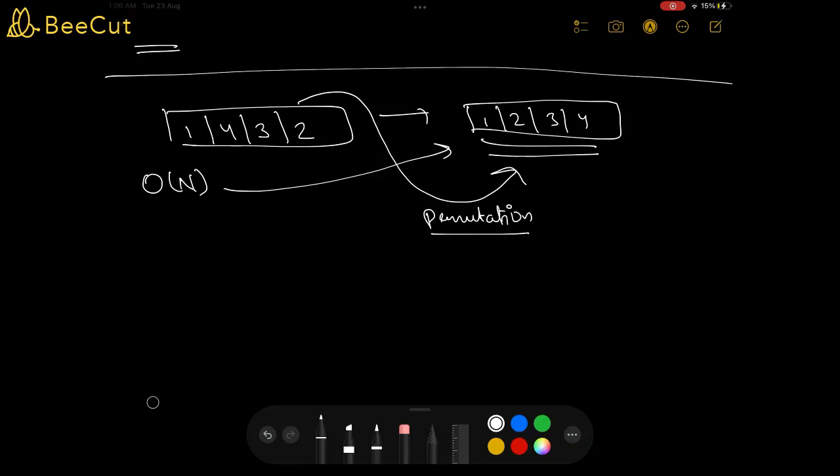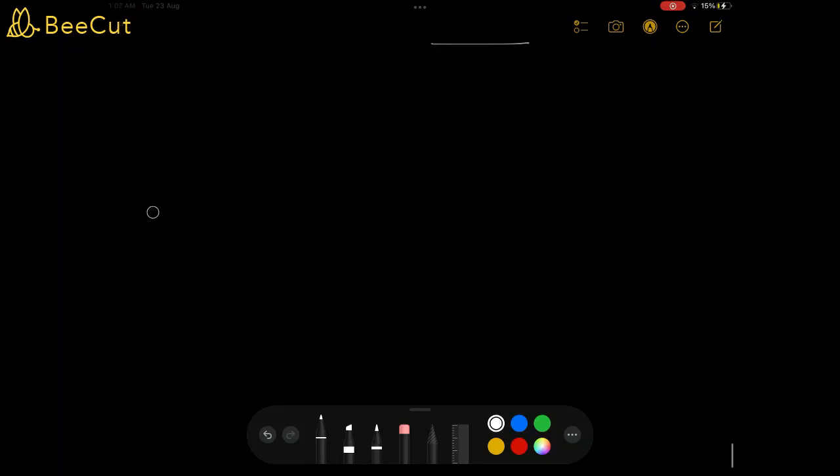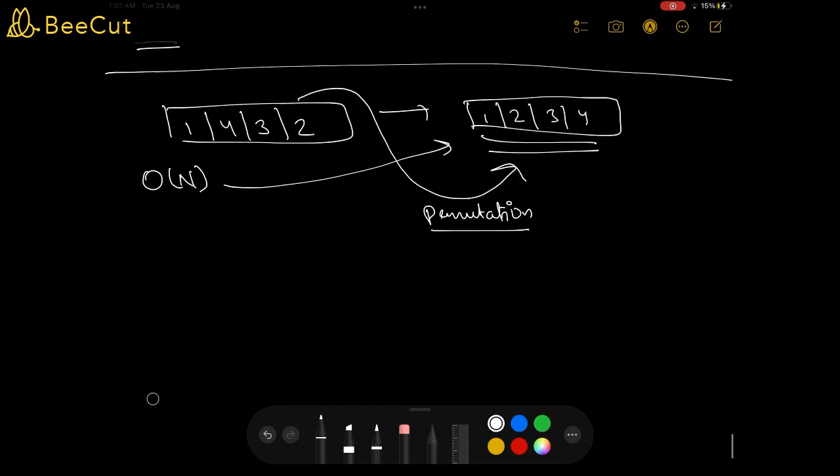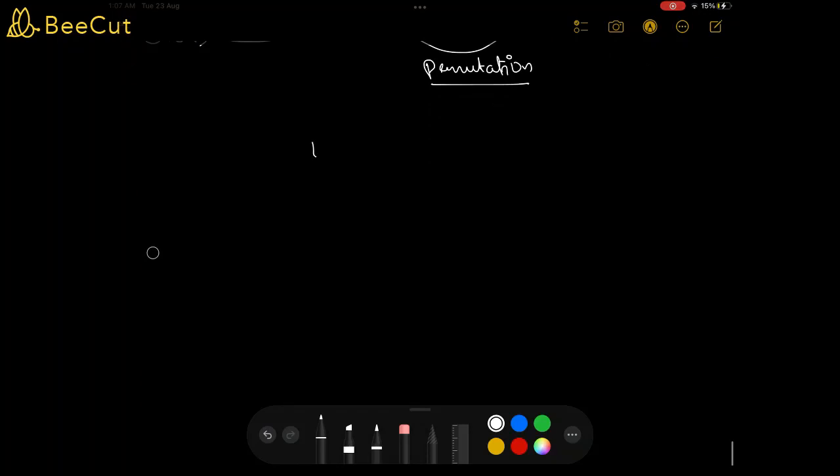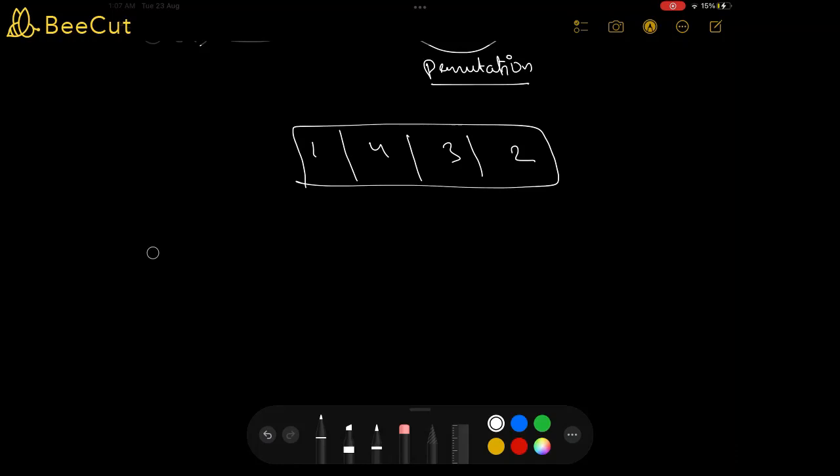Let's try to write some more permutations. We are given 1 4 3 2 as the input, and let's write some permutations of the same.